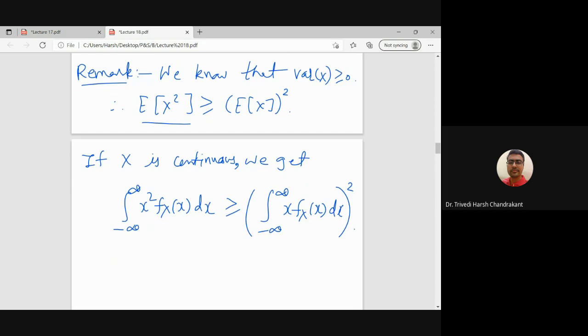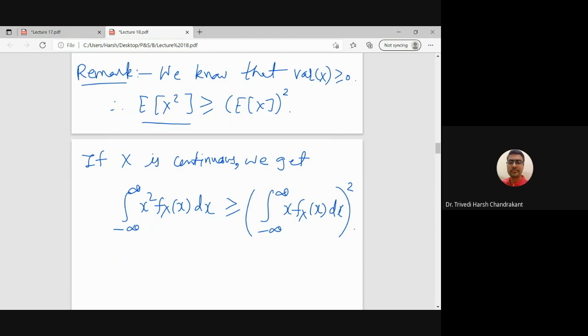So what does this mean? Whenever this integral is convergent, this is convergent, right? This integral is convergent because this is always non-negative, so it cannot be minus infinity. This is a non-negative number. So basically we are using the dominated convergence or squeezing kind of idea, and you can relate it with series also.